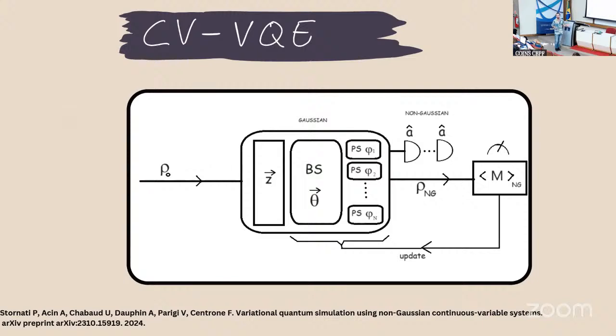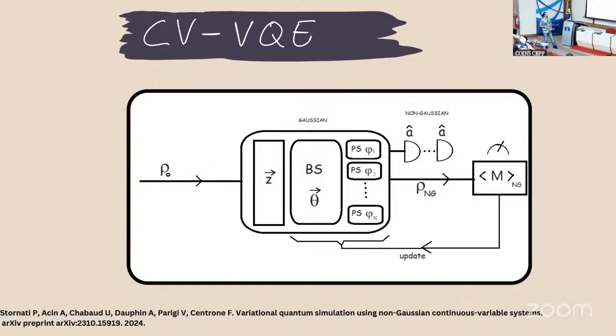For example, if it's a field theory, these are literally the field that we are measuring. And from this, if we want to minimize, for example, the Hamiltonian of this system, we try to minimize the mean value of the Hamiltonian we're observing. We update the parameters with some classical algorithm. We proceed until we find, hopefully, probably a local minima.